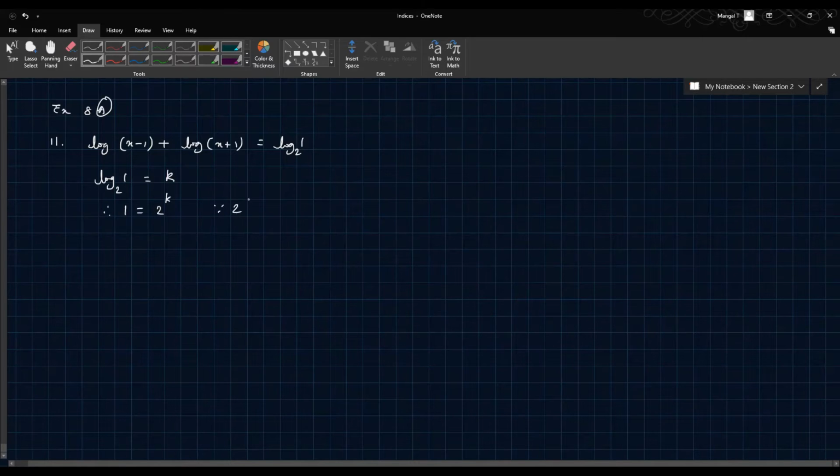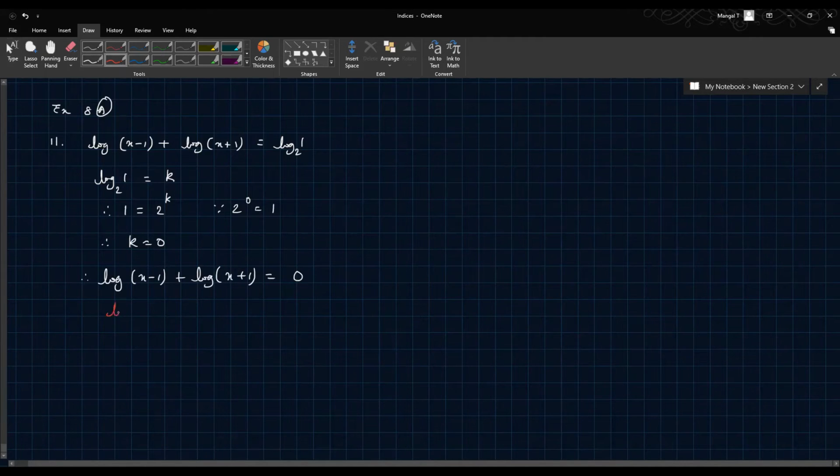Now, since 2 raised to 0 is 1, I can take k as 0. So here I can take this as 0. Therefore, on the left hand side, I have log of x minus 1 plus log of x plus 1 equal to 0.